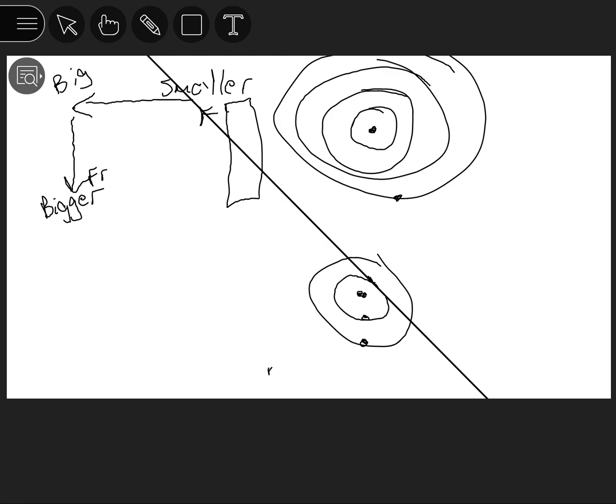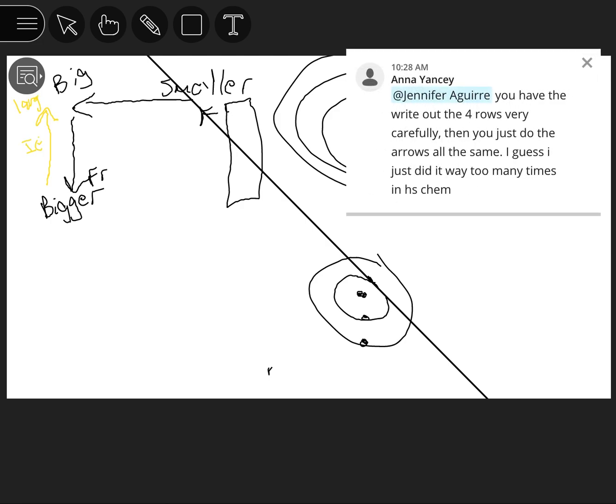So ionization energy refers to how much energy it takes to pull off an electron. It is easy to pull off the electrons from francium. So as you go up, the ionization energy gets larger.